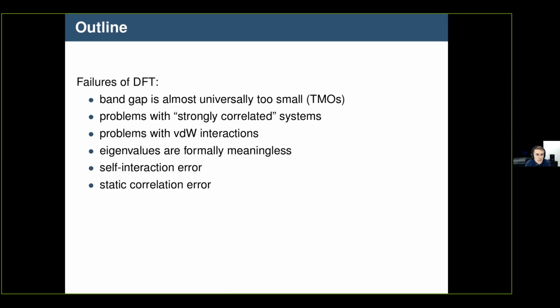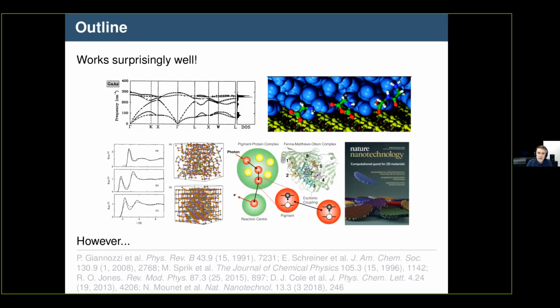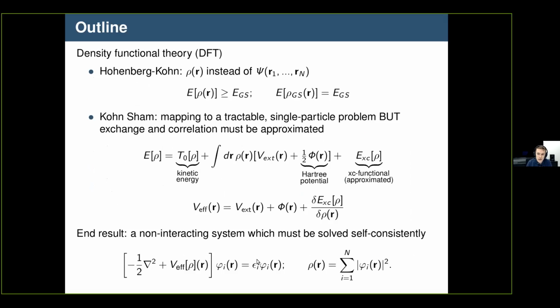But then there are some more fundamental problems. All of the maths I was talking about with the Hohenberg-Kohn theorem only truly talk about the electronic density and the total energy. So here, with this plot of gallium arsenide's band structure, these curves are the eigenvalues of this auxiliary system. Formally, this has no relation to quasiparticle excitations.